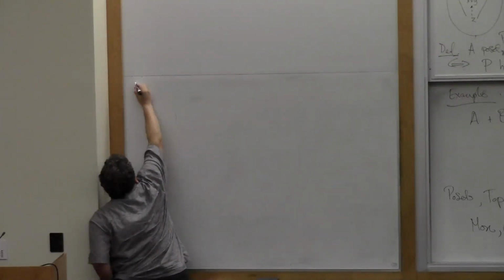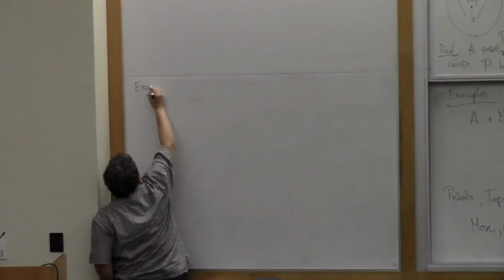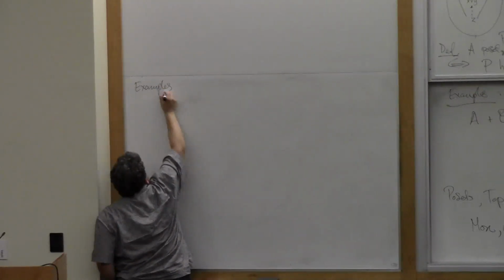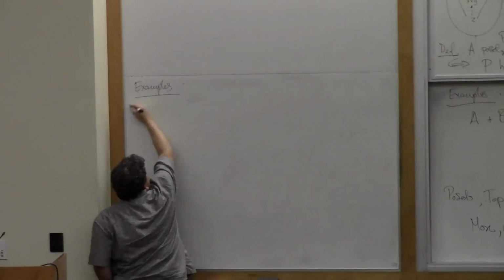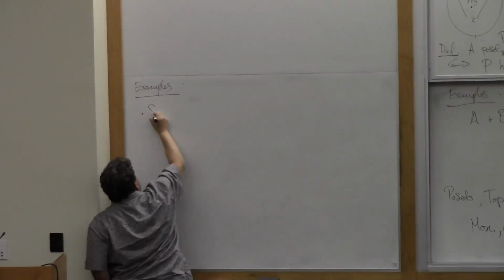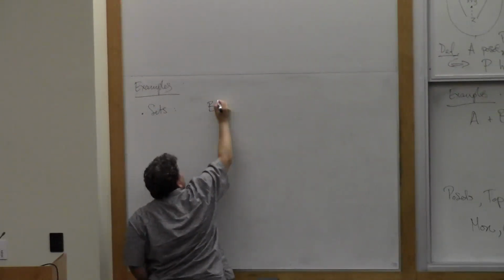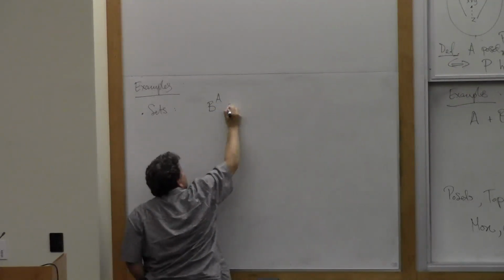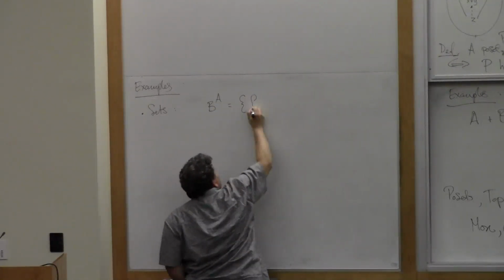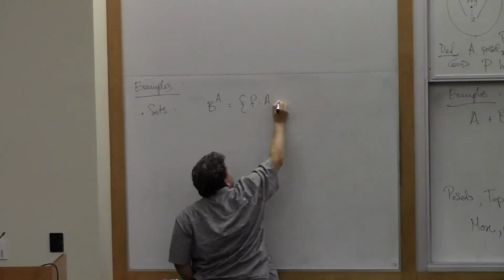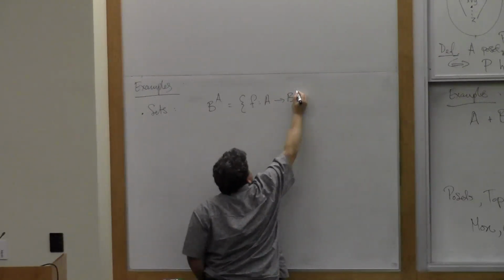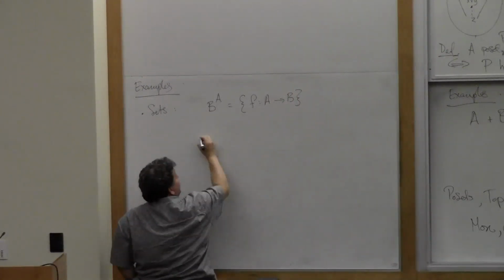So let's look at some examples. First of all, what about in the category of sets? Maybe you won't be surprised that in the category of sets there actually are exponentials, and they're exactly the function sets. The set of all functions from A to B together with the evaluation function.